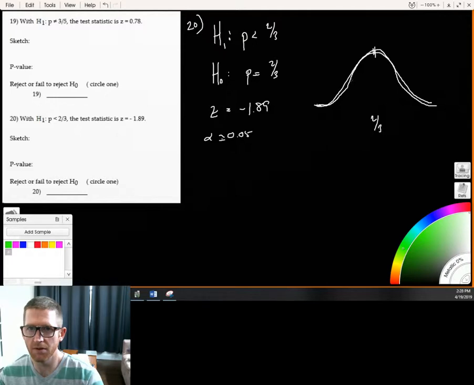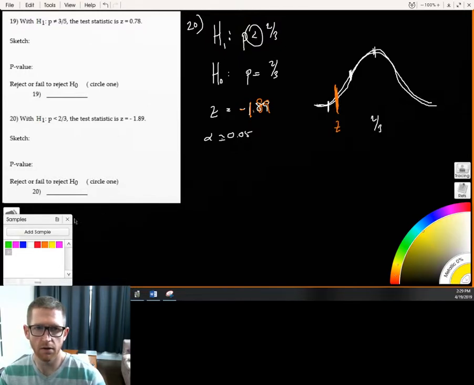2/3, and it's only a one-directional test because this less-than sign is one direction, so we're just going to consider one direction. This would be -1 z-score. This would be -2 z-score. So -1.89 would be somewhere right here. That's our z.